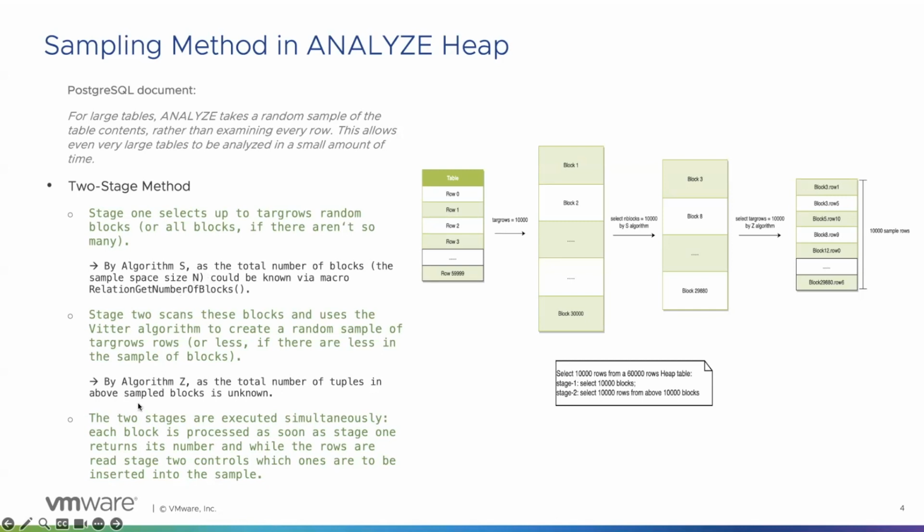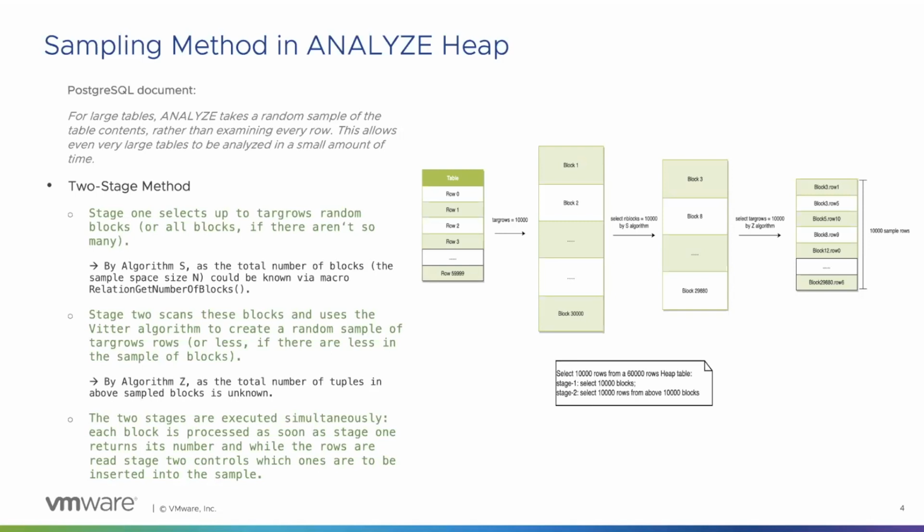The second stage uses algorithm Z for selecting rows from the previously selected blocks. The total size of the sampling space could be known or unknown. When the first stage selects one block, the second stage reads all rows from this block and temporarily stores them in a reservoir, like a pool.